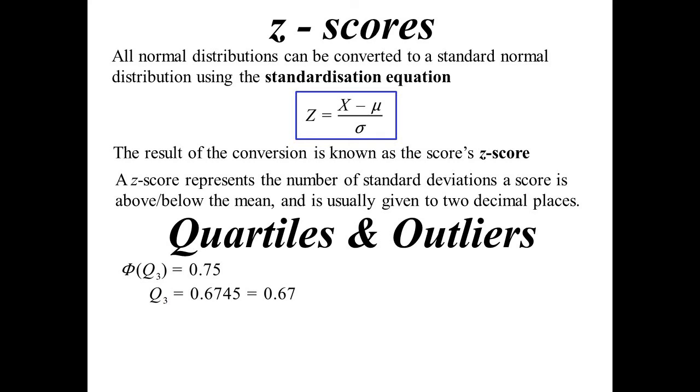If you put it into your calculator, for those that can, or look it up on your table, you'll find that 0.6745 would return an answer of 0.75. Symmetry then says that Q1 is negative 0.675. So from there, I can work out the interquartile range.